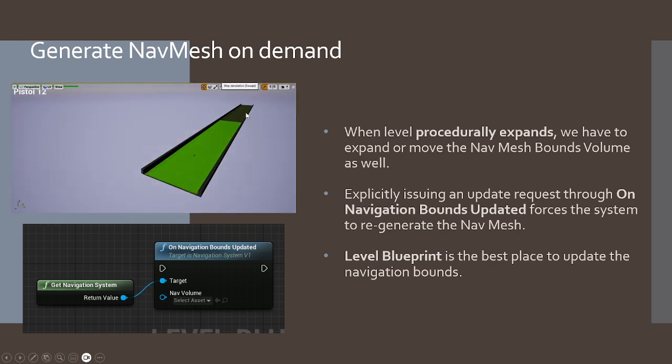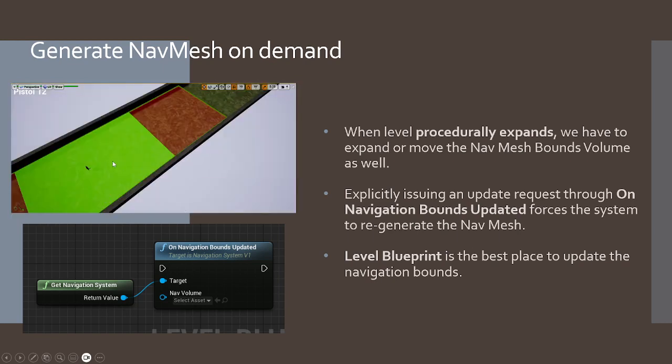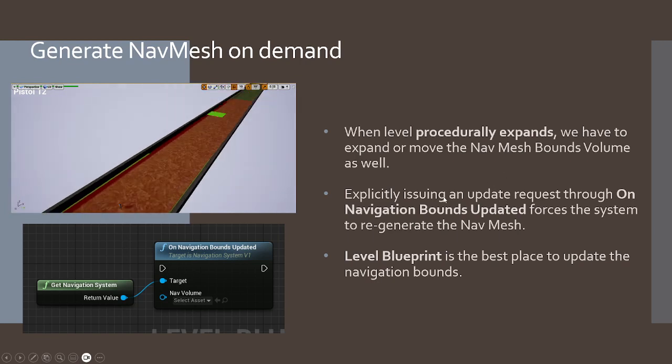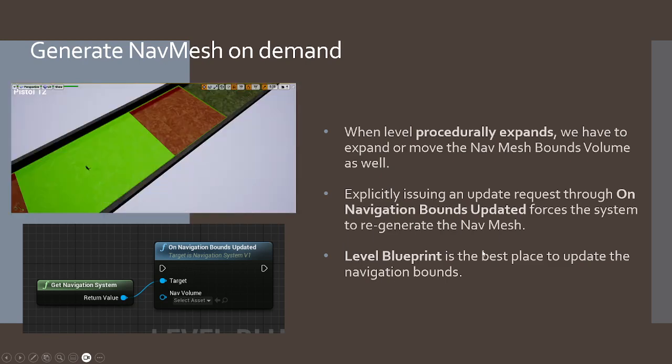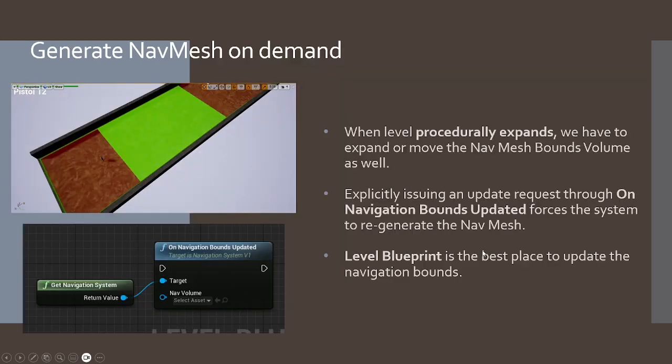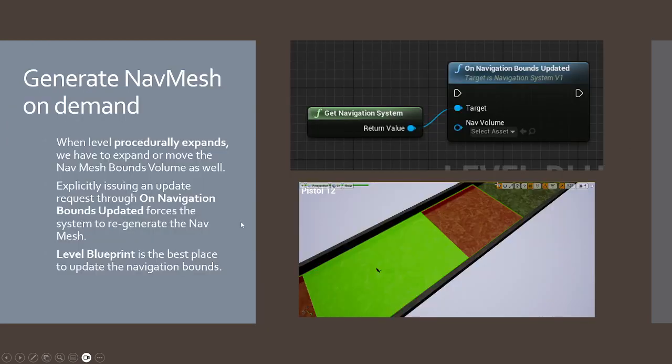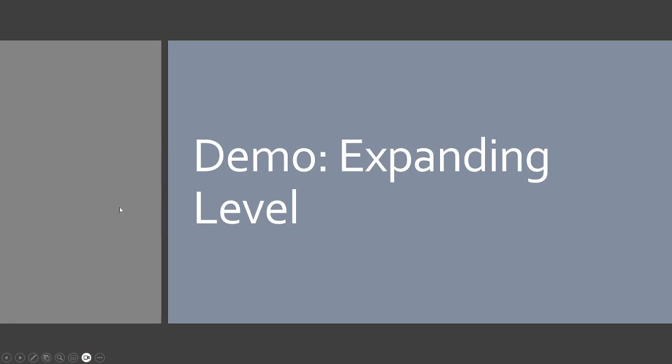So what we'll do is we will have the nav mesh follow the player para parang it will be around the player and it will be infinite because it's following the player. So to do this, it is best to be done in the level blueprint. Oh, it's the same thing. Sorry. Okay.